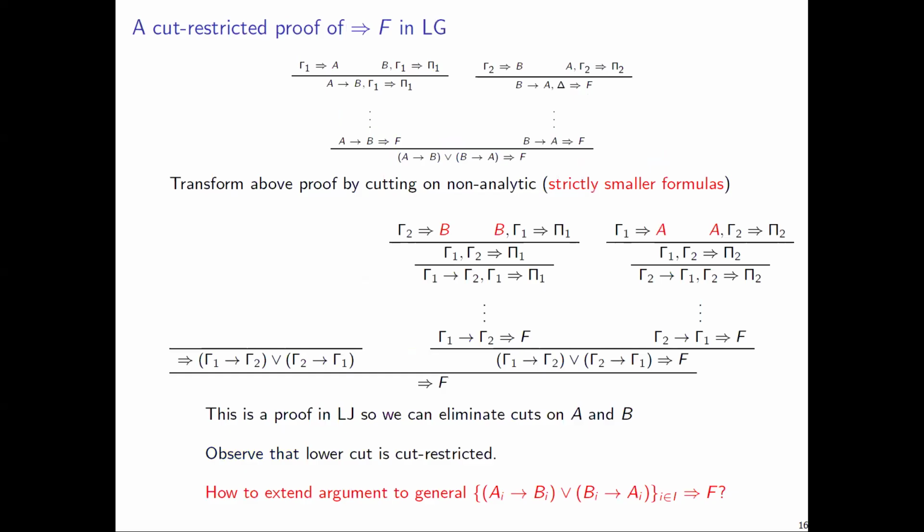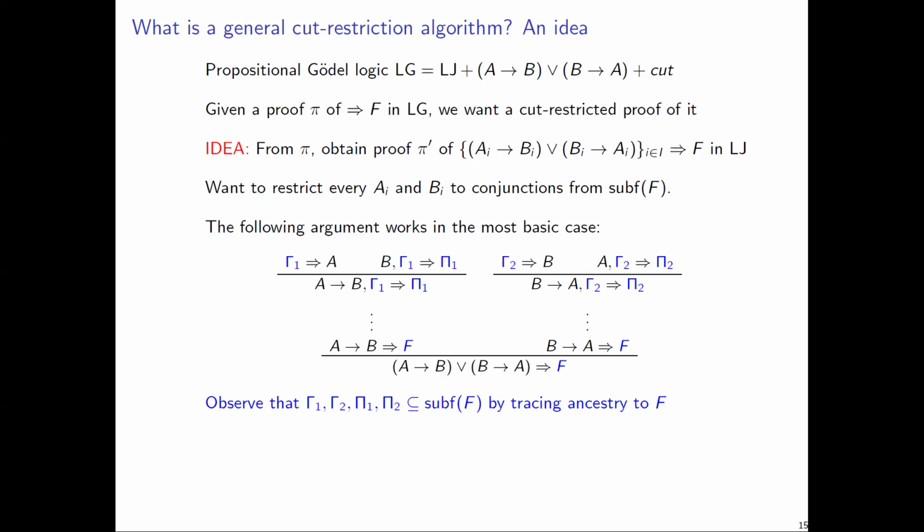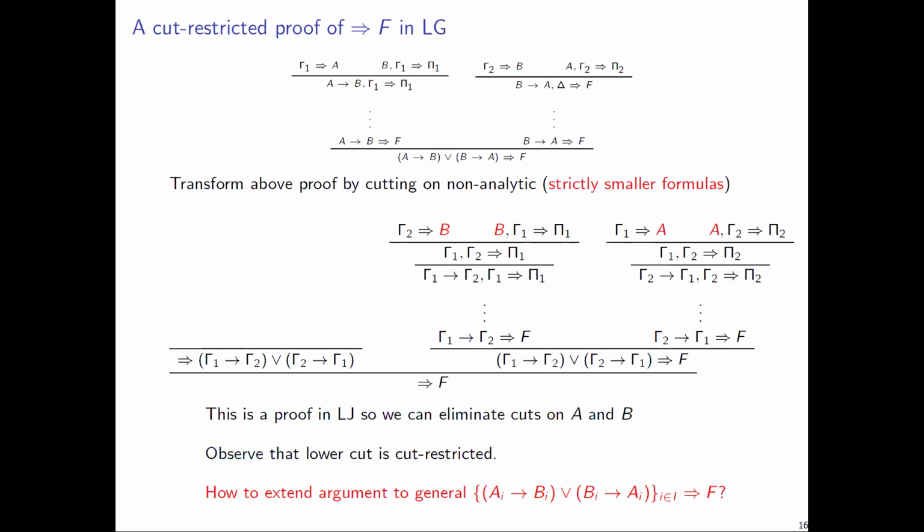And then, well, in this simple case, you can actually transform. You say, hey, the A and the A here can do a cut on something smaller. So you can reduce the proof. The B and the B can cut, which means you get this picture, you come down here. Once again, you do have to do a cut, but you're doing cuts on gammas, on stuff that is friendly.